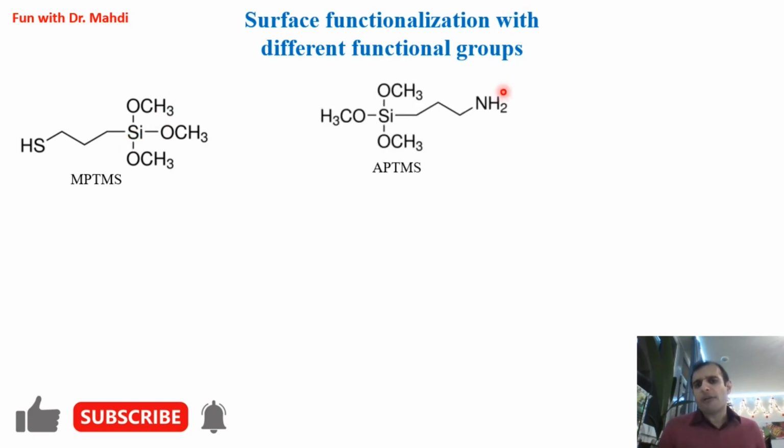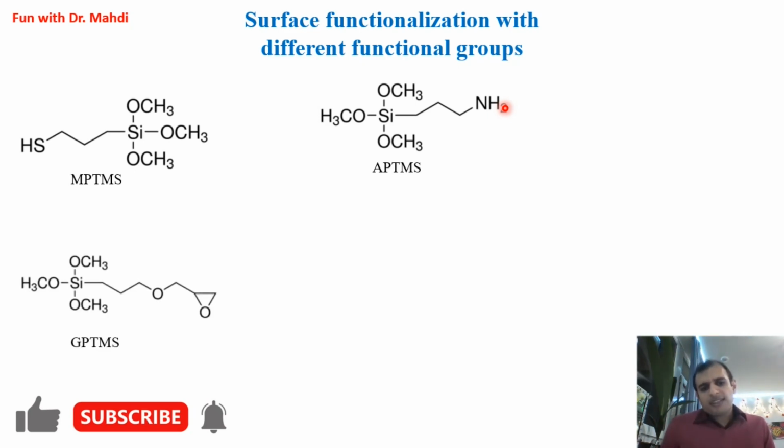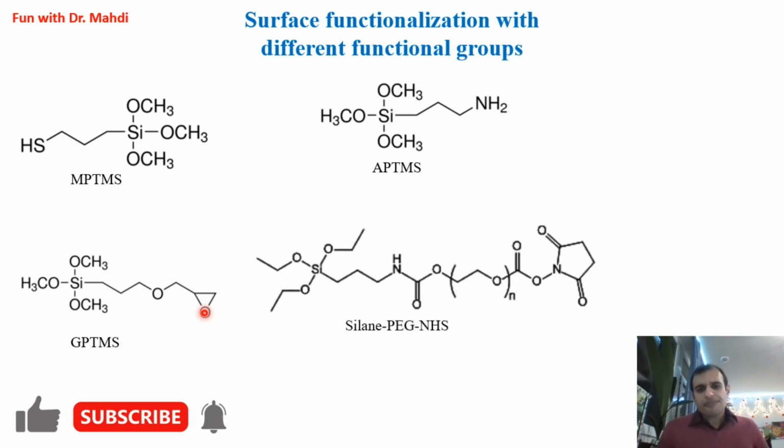Sometimes you are looking for amine on your surface, you can use aminopropyl trimethoxysilane. I mean after silanization you will have amine on the surface, and you can also use glycidoxypropyl trimethoxysilane. In this case you will have epoxy on the surface, and after that you can do different types of ring opening reaction.